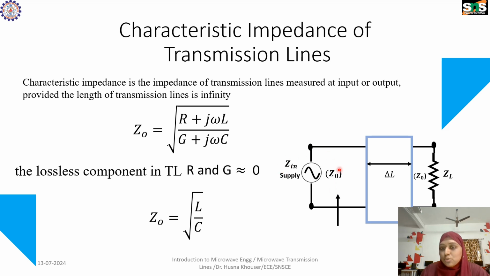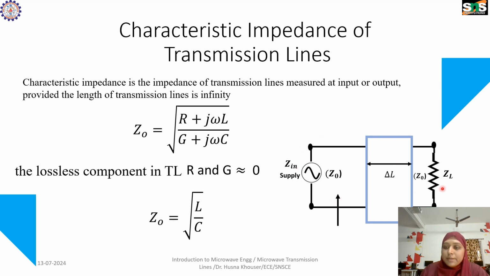When these two impedances are matched, only then can we transmit the current through the entire transmission line. Otherwise, if a mismatch condition occurs, we cannot transmit the power. Based on this, we will derive the standing wave ratio and the voltage reflection coefficient. Everything will be derived based on Zin and Z0.